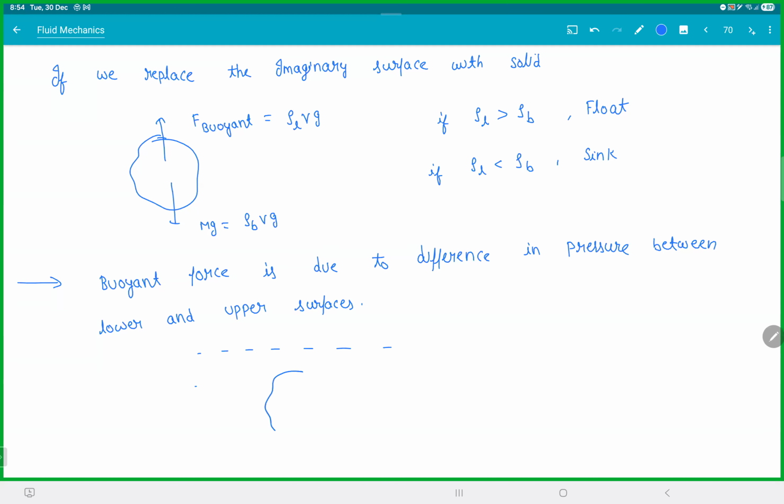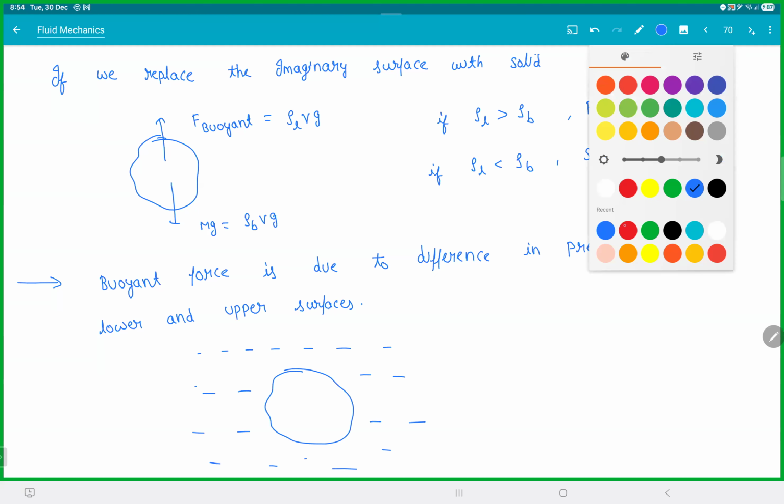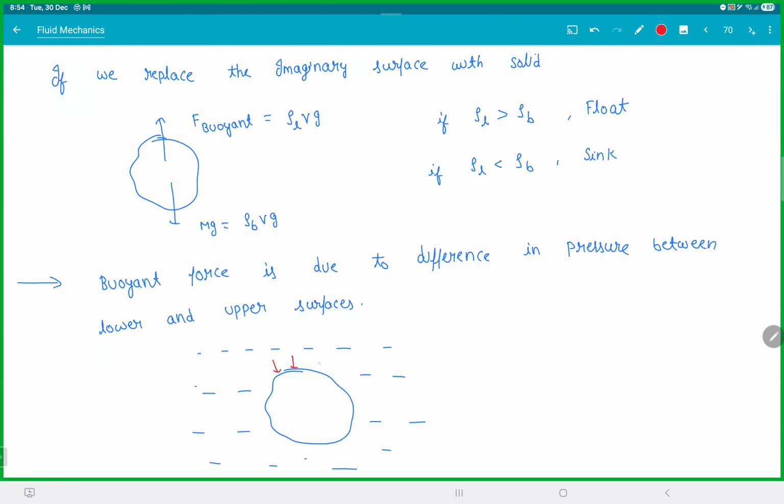So if you had a body, if you try to see the pressure, the upper surface will have lesser pressure. But as you come down, the pressure increases. Right?